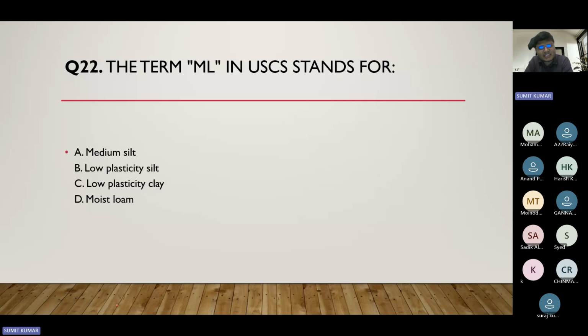The term ML in USCS stands for ML. ML means low plasticity, where M is silt. So low plasticity silt. Option number B.